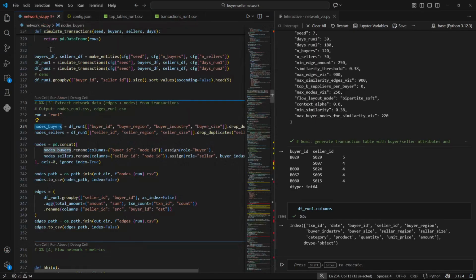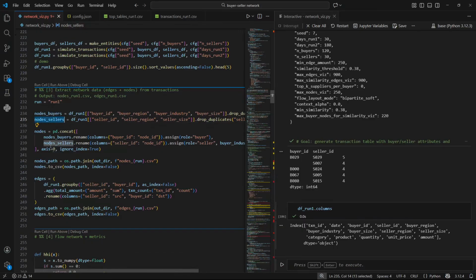So we separate them essentially to have the node buyers and node sellers as two sub-parts of that data frame. And then what we do here, we define the nodes, so we concatenate them. So we have the buyers and sellers in one big long vertical portion, right?